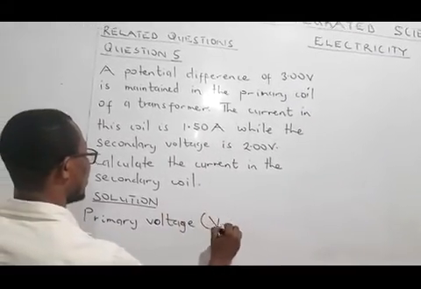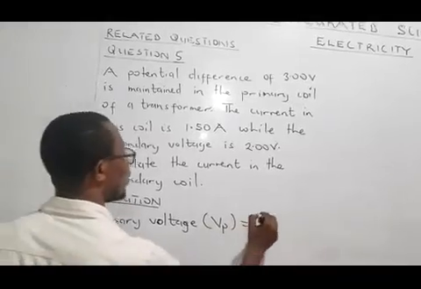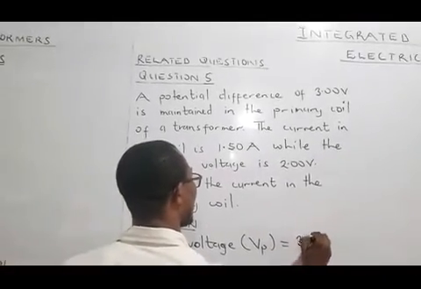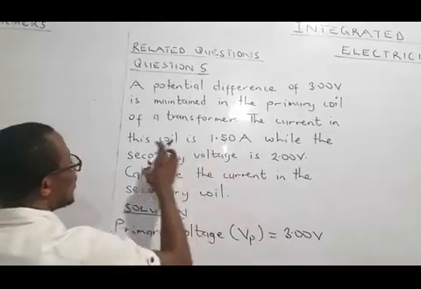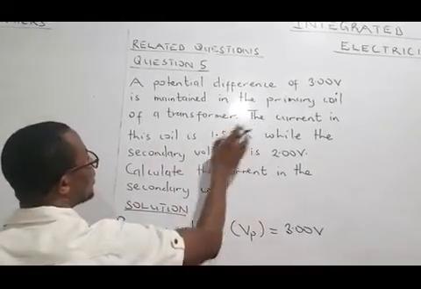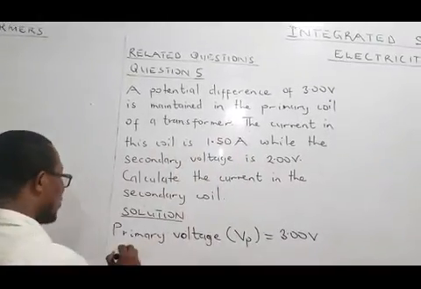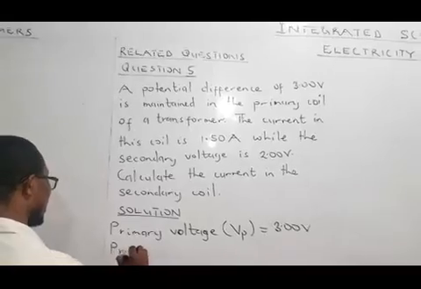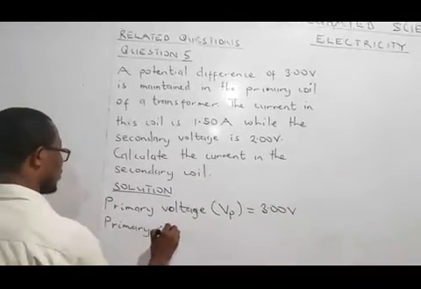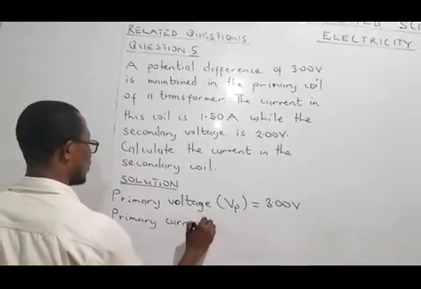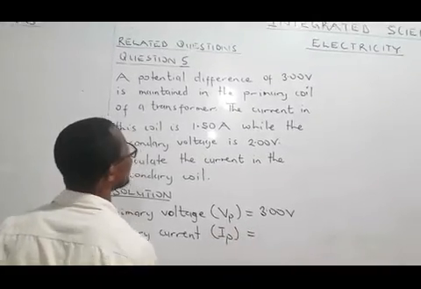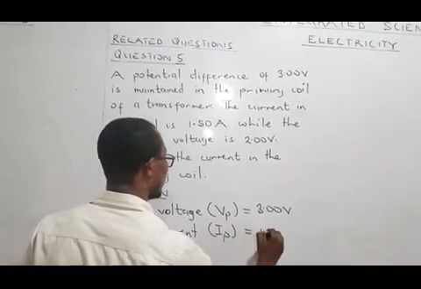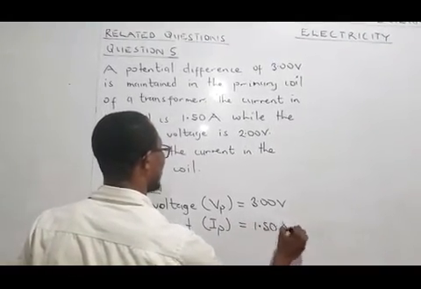So our Vp is equal to 3.00 volts. The current in this coil, that's the current in the primary coil, is 1.5. So that's the primary current. Ip is equal to 1.50 amperes.